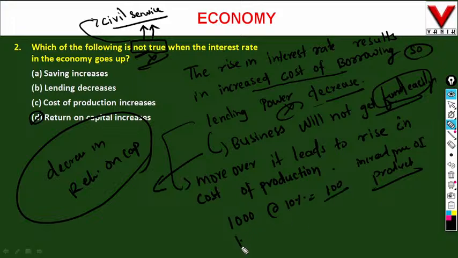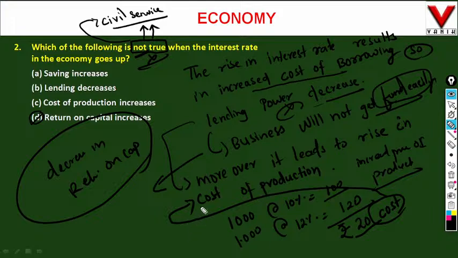But now for the same 1000 rupees, tomorrow he is paying 12% interest. That means he is paying 120 rupees. The extra increase of 20 rupees in cost will lead to increased price of production. Increased price of production will lead to decrease in return on capital. Understood? This is the concept behind it.